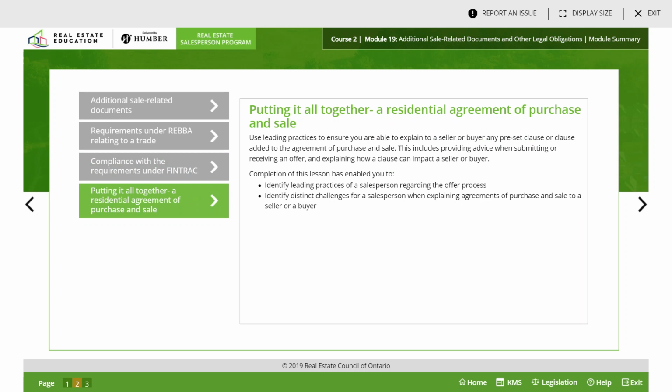And putting it all together, use leading practices to ensure you are able to explain to a buyer and seller any preset clause or clauses added to the agreement of purchase and sale. This includes providing advice when submitting or receiving an offer, and explain how a clause can impact a seller or buyer.